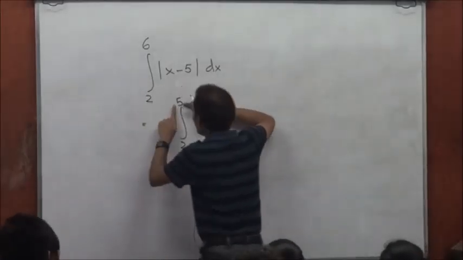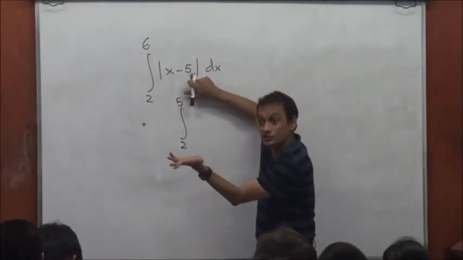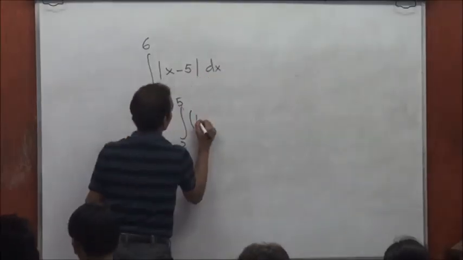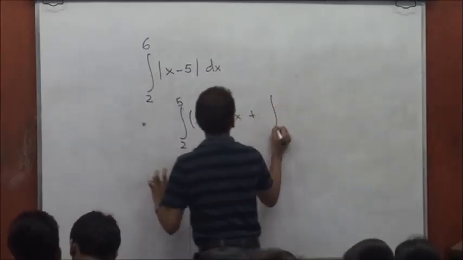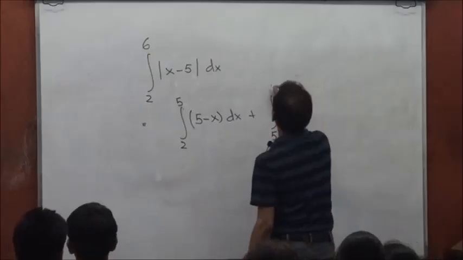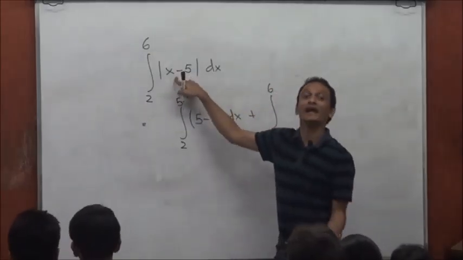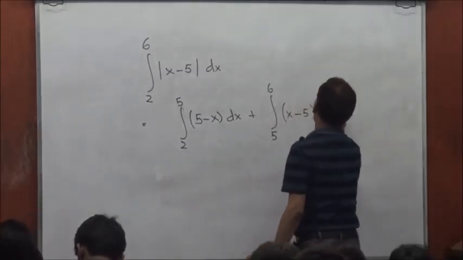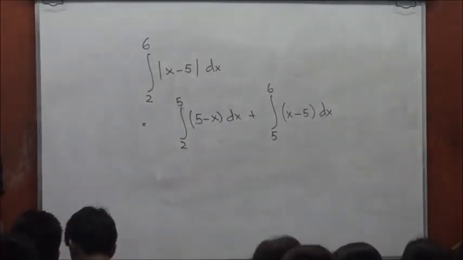Now, for x less than 5, mod x minus 5 is going to be 5 minus x, because 5 minus x will be positive. And then 5 onwards, x greater than 5, so mod x minus 5 would be x minus 5. Yes or no?